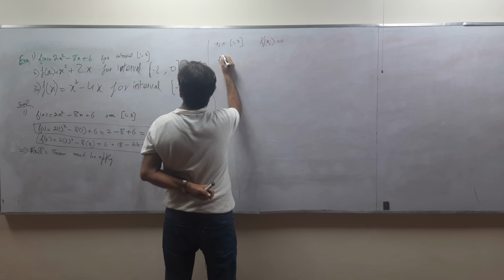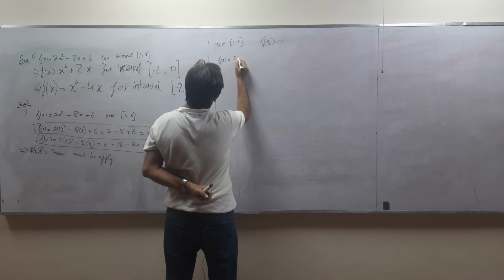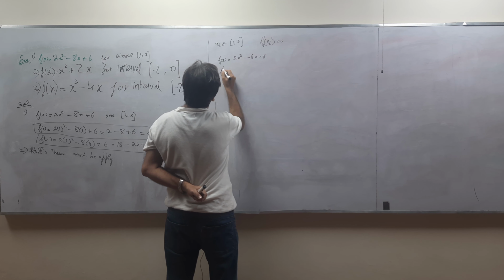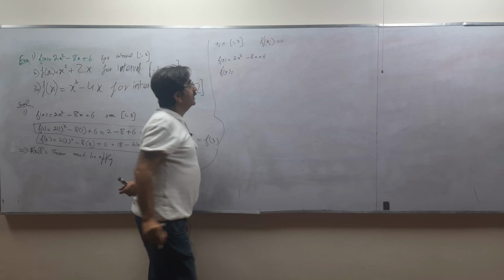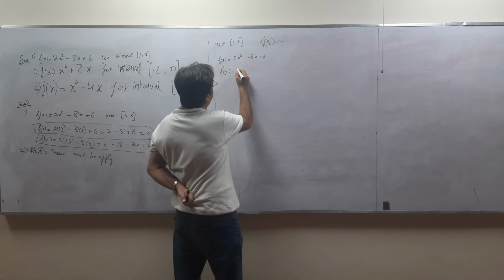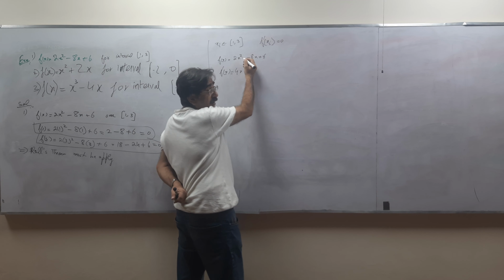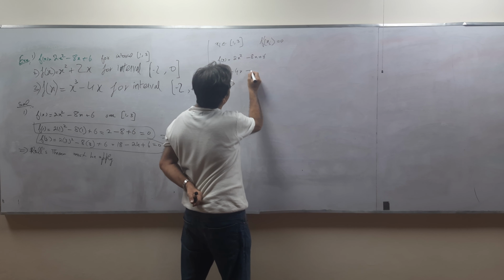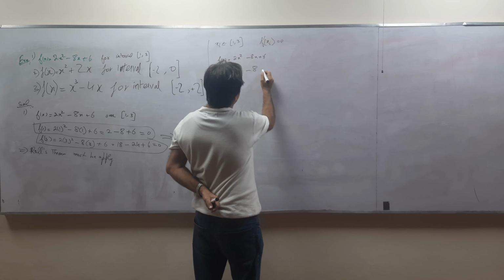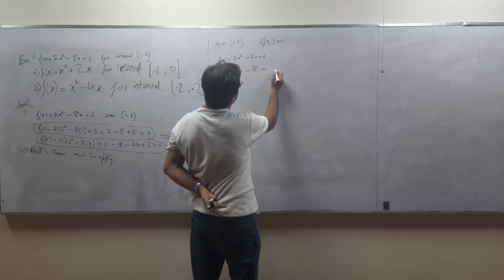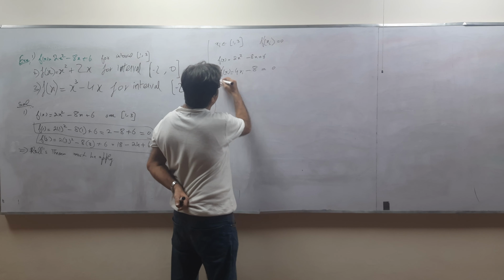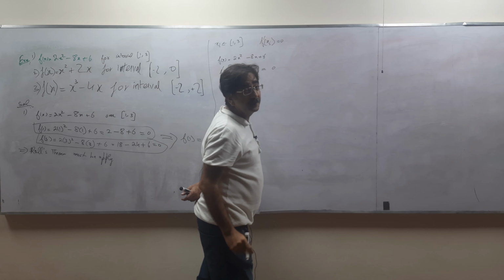f(x) is 2x² − 8x + 6. What is f'(x)? It becomes 4x, the power shifts by 1, 4x − 8, and the derivative of 6 is 0. And that must be 0 for ξ. So x will be replaced with ξ.